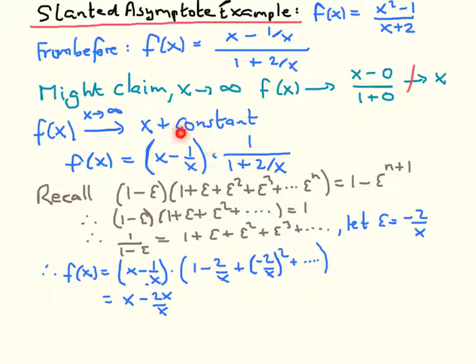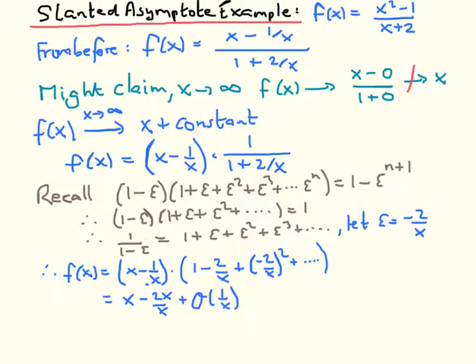Basically this is becoming very large, this is approaching 1, but the correction to the 1 multiplied by the x here gives us a constant. Now, what about all the rest of the terms? Well, the good news is that all the rest of the terms are irrelevant as x approaches infinity. So I'm just going to write down plus order 1 over x.